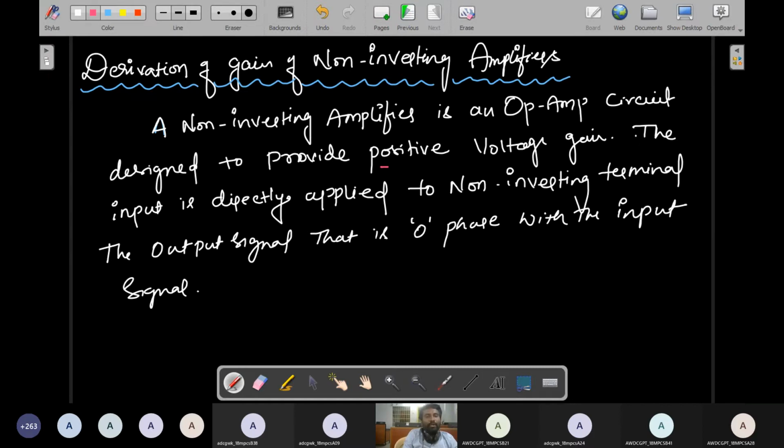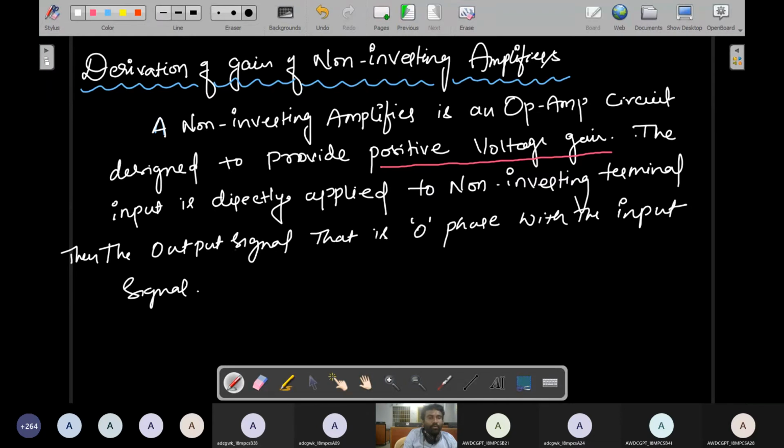This is very important. The input is directly applied to the non-inverting terminal, then the output signal is in zero phase with the input signal.